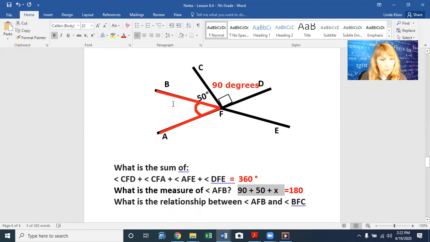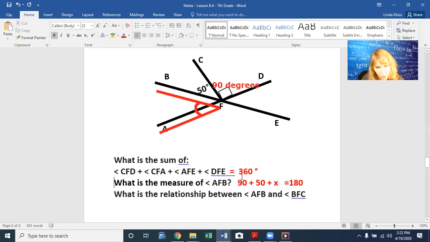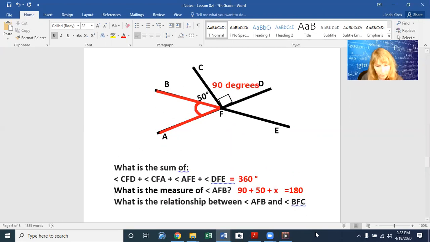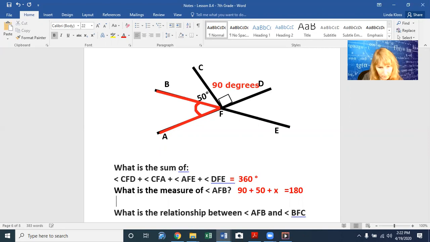Thought we were done with equations, didn't you? Not really. Okay, so 90 plus 50 plus x equals 180. So 90 plus 50 is 140. So put that over here. 140 plus x is equal to 180.